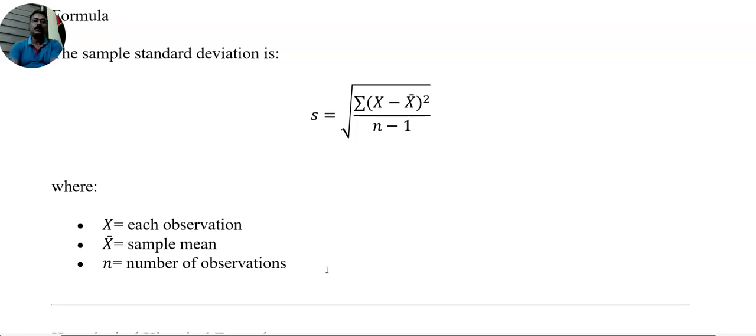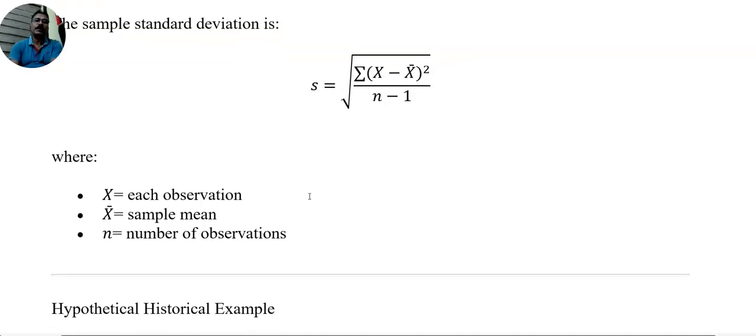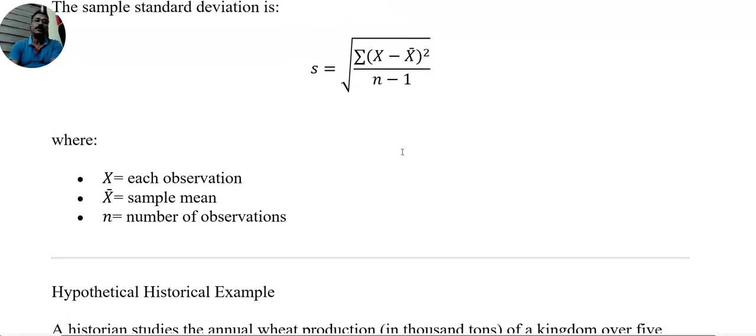So from the data we first calculate the mean, subtract the mean from each value, square, sum the squares, divide by n minus 1, and take the square root. With this formula we can easily calculate standard deviation, and then compare two kingdoms, two kings, two countries or two emperors.